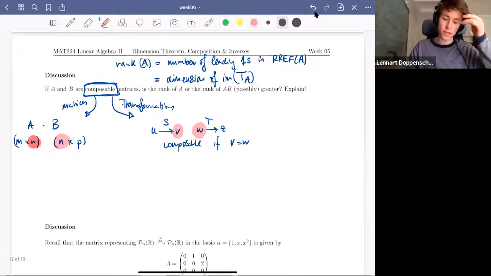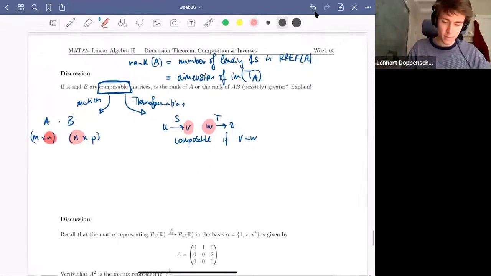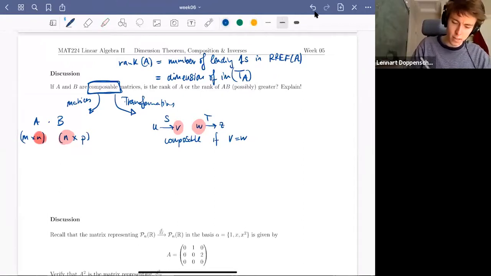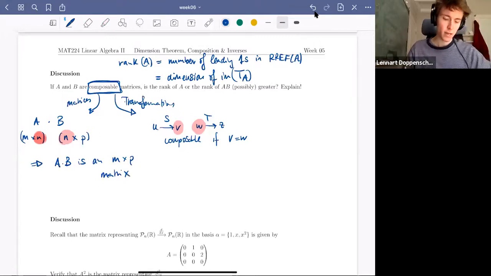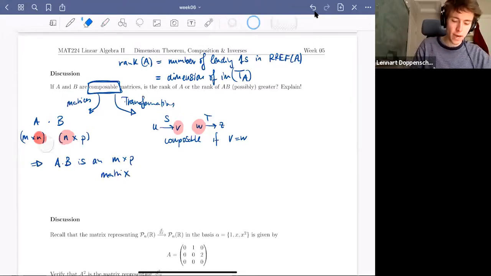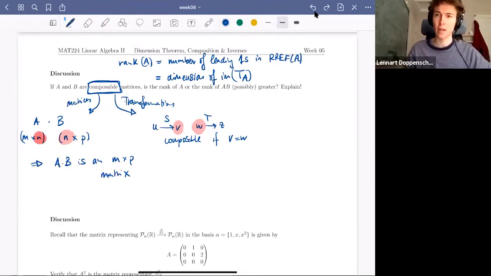And if this is composable, then A times B is an m cross p matrix. So it really means that you match these two ends, and then you just make a new pair m cross p out of this.